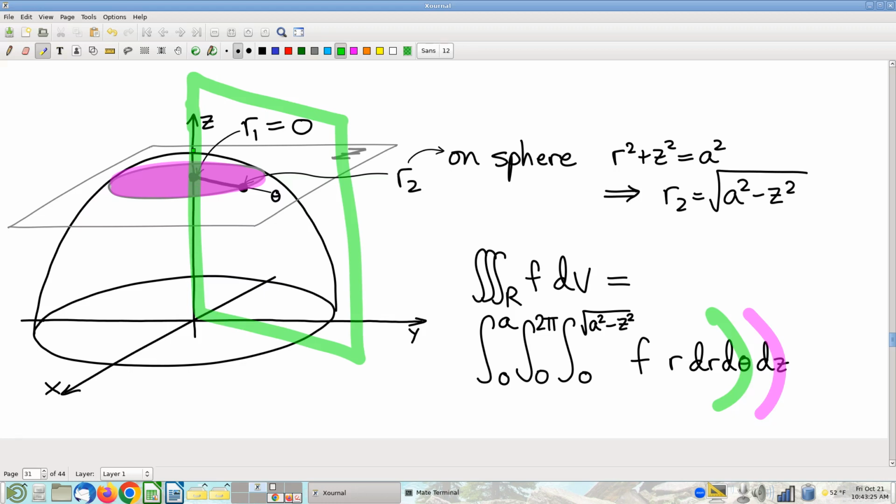I want the theta slice of the Z slice. And the way this theta slice cuts that Z slice is to make, well, just a little line segment. There. And again, geometric argument, appeal to the picture. I think it's a pretty easy pitch. This goes all the way around, so theta goes from 0 to 2 pi.